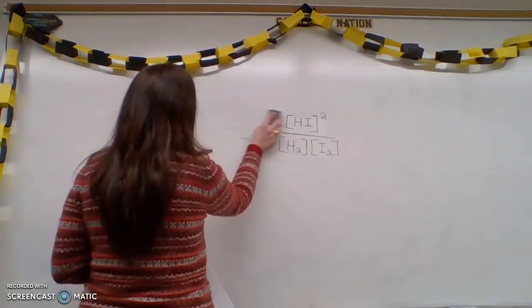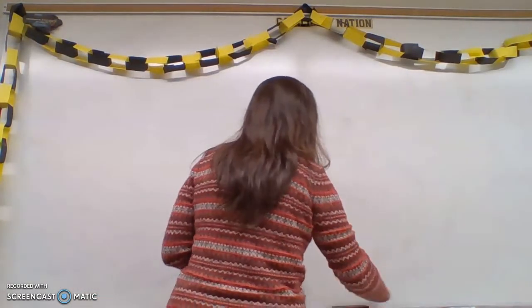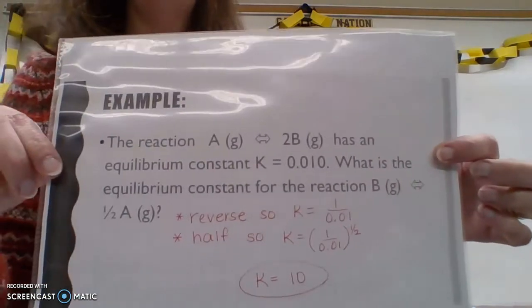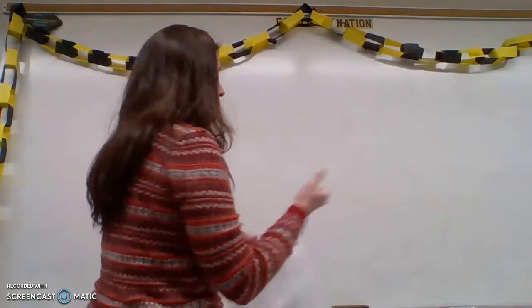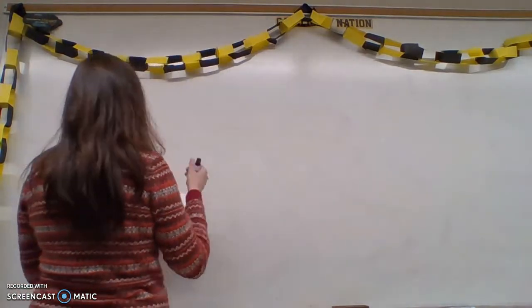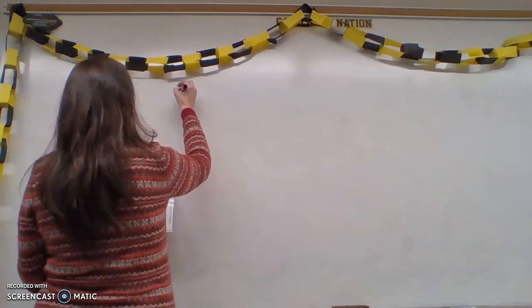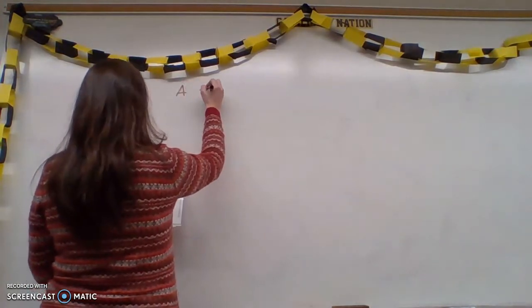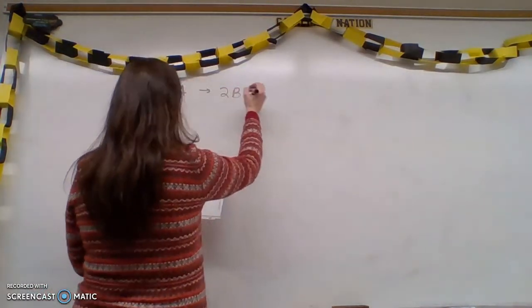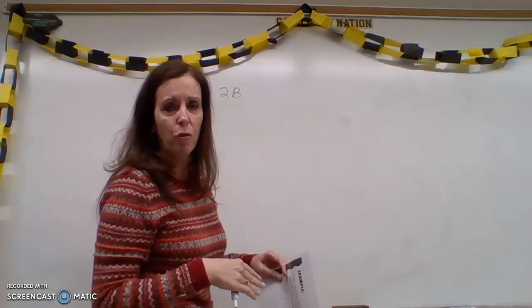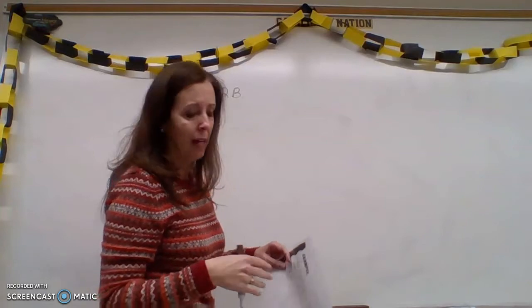Okay? Now, let's do an example. So the next thing in your notes is a good old example. I am on this slide in your notes. You know that you have A going to 2B. And I'm not putting the parentheses gas in there like there is on this slide, just for time's sake, but just know these are all gases.